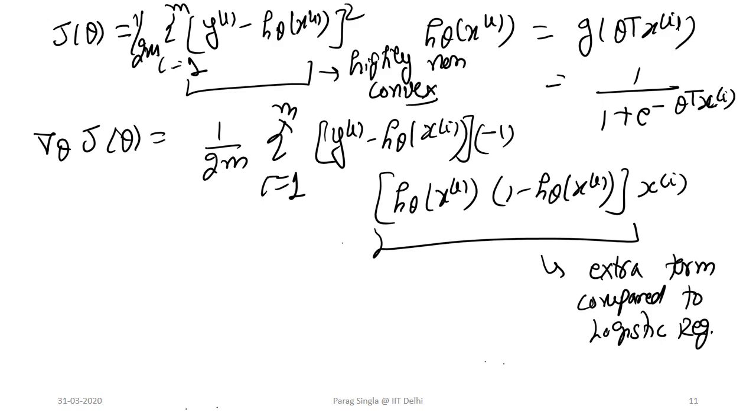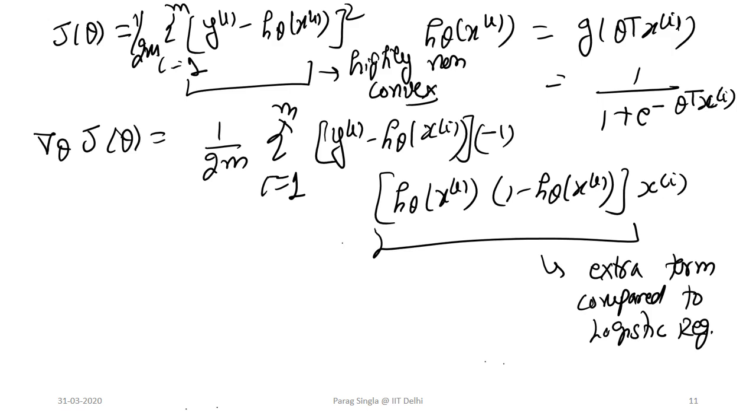And note that this term is an extra term, if you will, compared to logistic regression, and this comes out to be there because of the different form of the objective function.